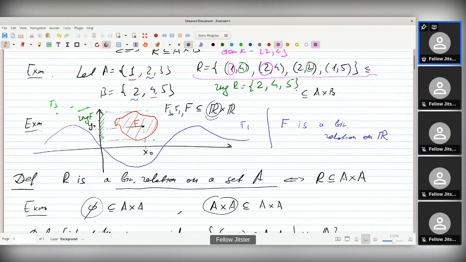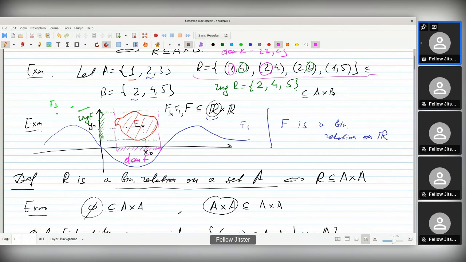Similarly, what is the domain? The domain is just the projection of our set to the abscissa axis. Is this idea clear? Yes.